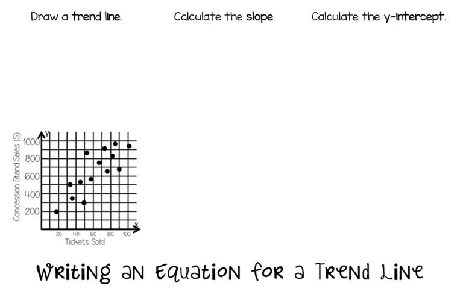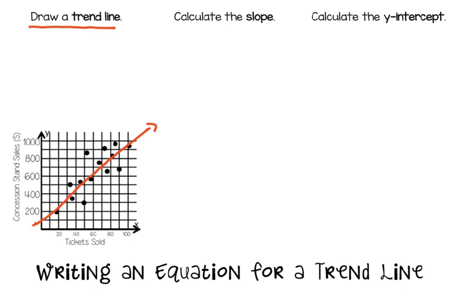Okay, so let's practice that again. So our first step is to draw a trend line. So I need to draw the trend line on my graph. Using a ruler is very helpful. Remember, you want it to be roughly down the center of your coordinates.